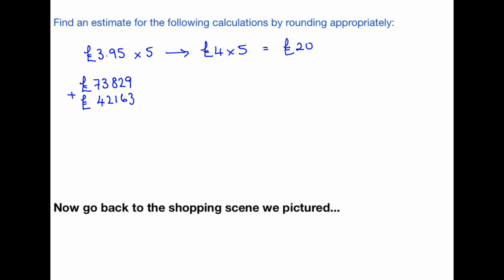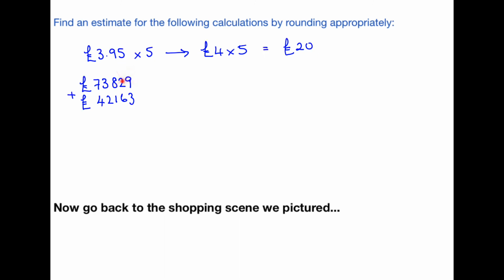So I think what we'll do here is we'll round this. We'll get a really approximate figure, but I think we can round this to the nearest £10,000. Okay, so the nearest £10,000, remember?